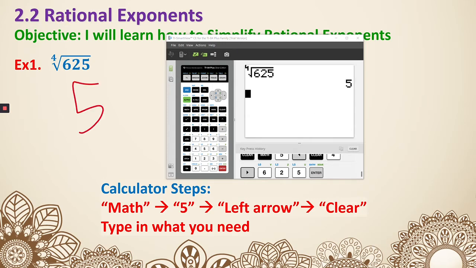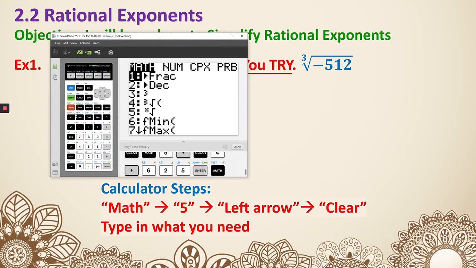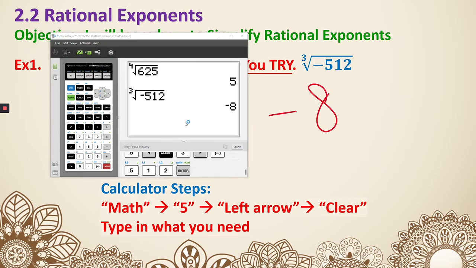Now we're going to look at the one on the right. We still click math, then 5, move our arrow to the left, clear, change it into a 3, then type in negative 512. Press enter, and that gives us the answer negative 8.